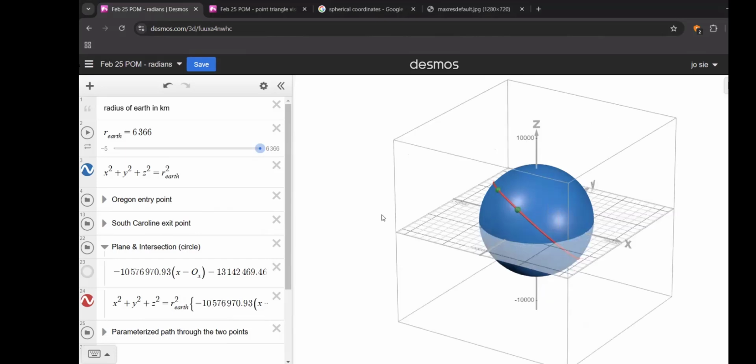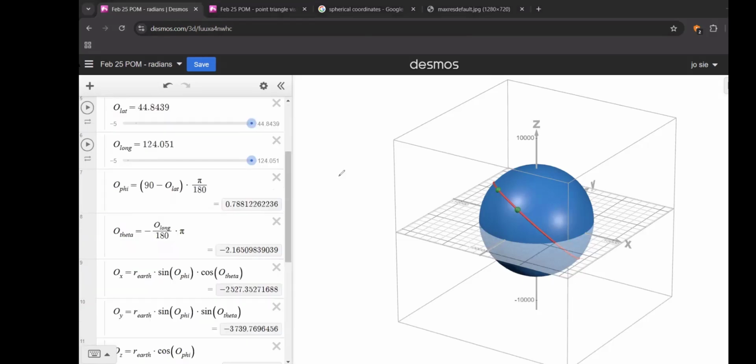So I kept thinking to myself, okay, I've got these coordinates of points, and they've got two variables in them. How can I relate these two variables? We've got phi and we've got theta. In Oregon, we've got a value for phi of about 0.788 and a value for theta of negative 2.165-ish.